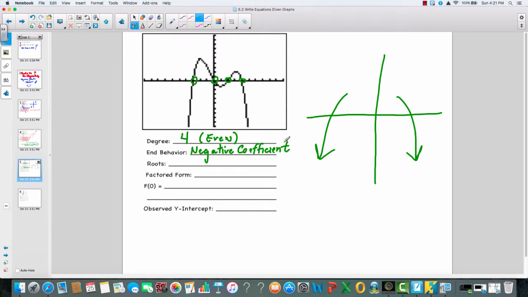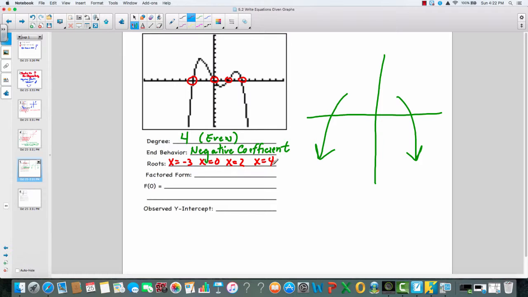Okay? What are my roots? Again, pretty straightforward. They're here, here, here, and here. So x equals -3, x equals 0, x equals 2, and x equals 4.